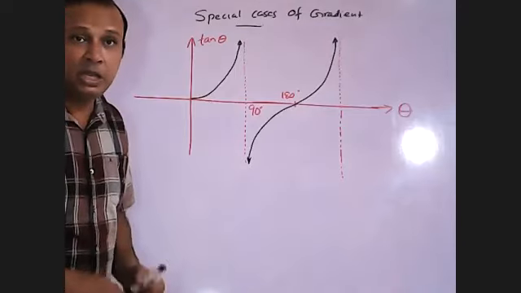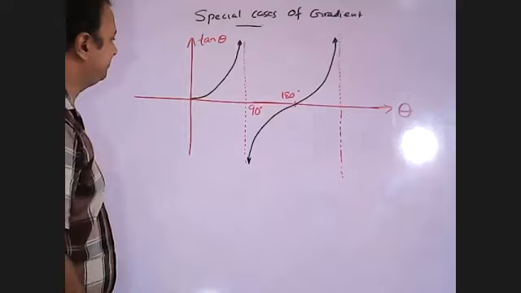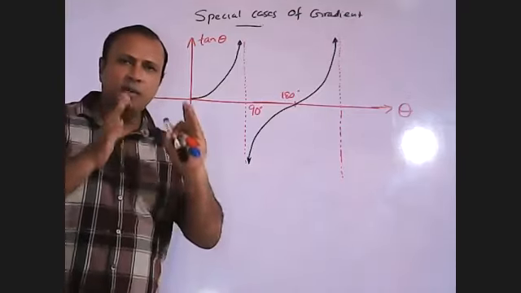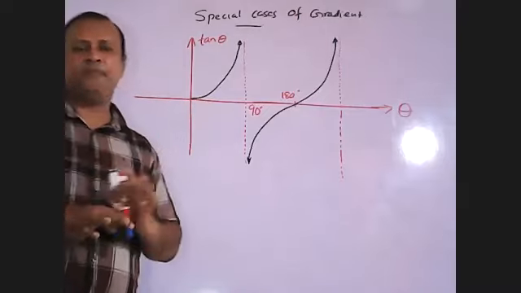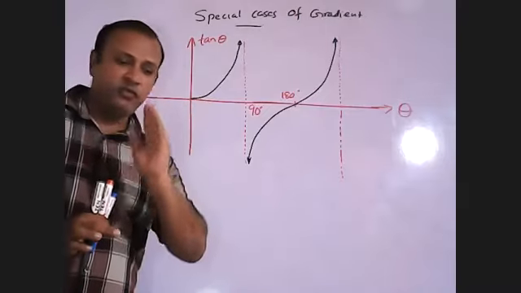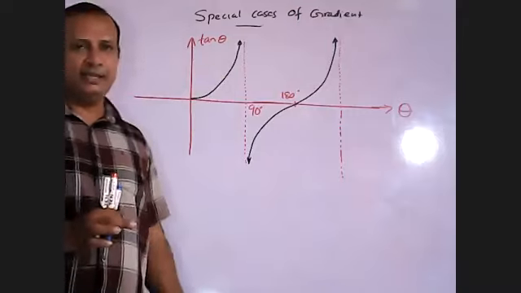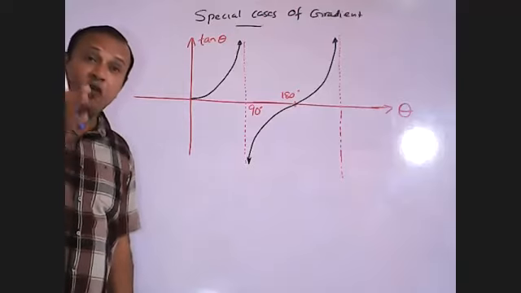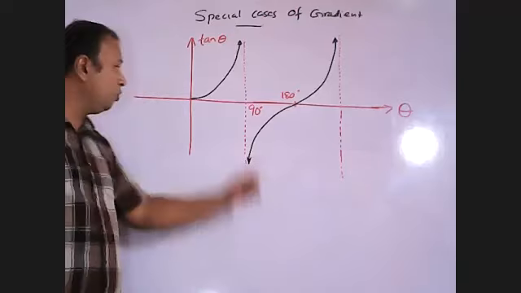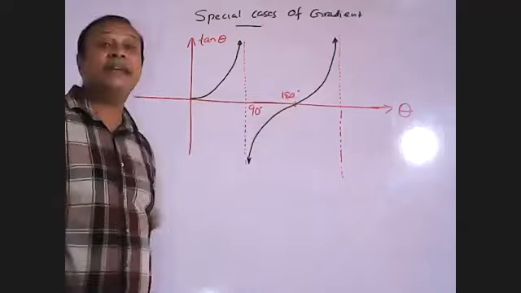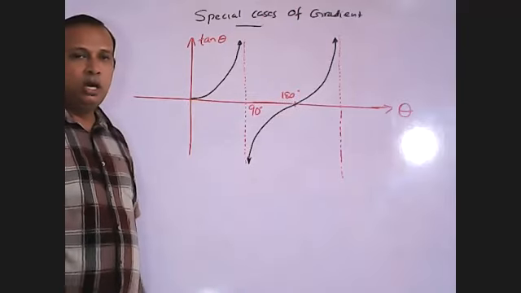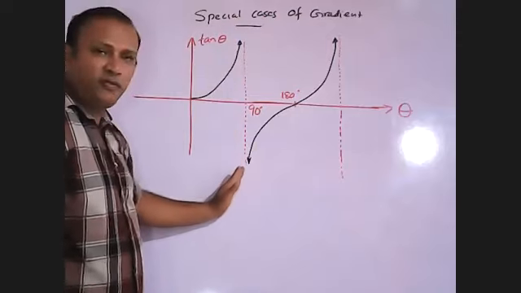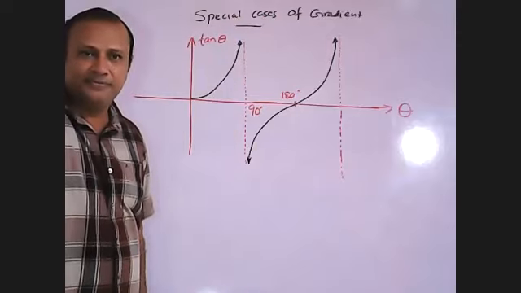Look at this again. Now we know my angle theta is between 0 and 180. Therefore, I should consider the variation of the tan value from 0 to 180. According to this graph, there's a cutoff at 90.